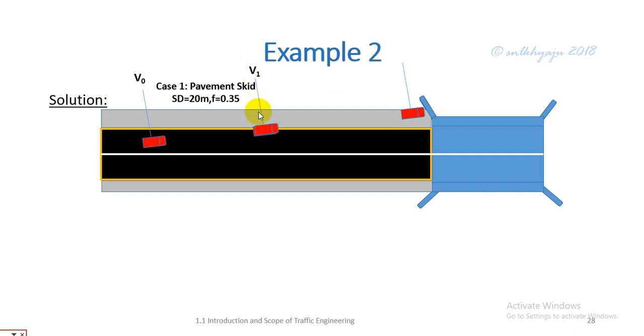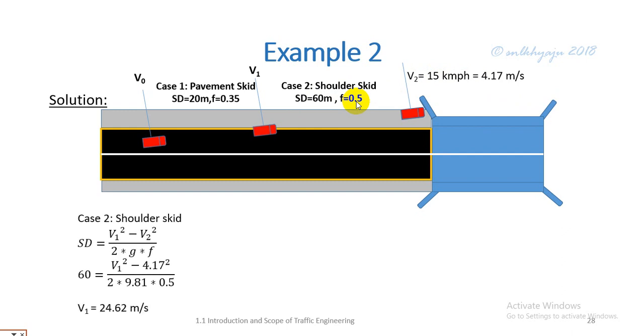Then after the skid on the pavement, the vehicle again skids on the shoulder and hits the abutment at a velocity of v2, that is 15 km/h equals 14.17 meter per second. The skid mark on the shoulder equals 60 meter and coefficient of friction equals 0.5.